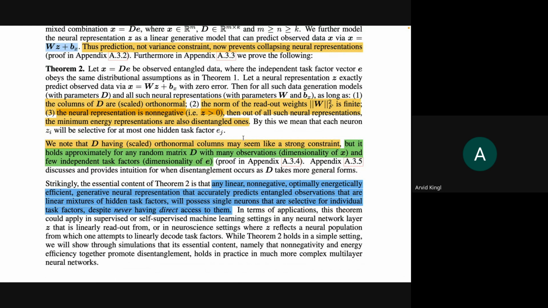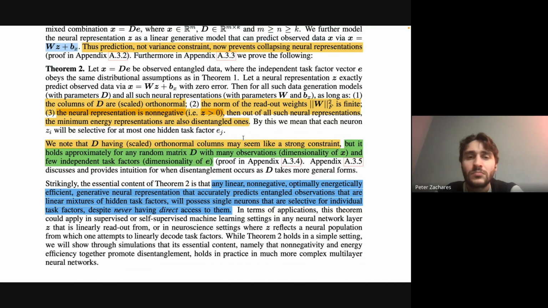You assume that these factors E are independently distributed from each other, no? Yeah, these factors are independently distributed from each other. It could be very similar, to be honest.